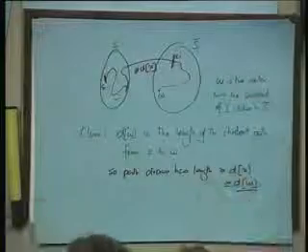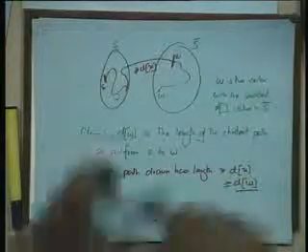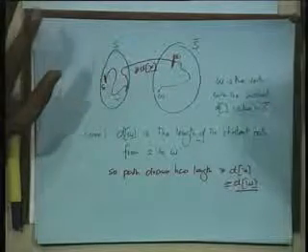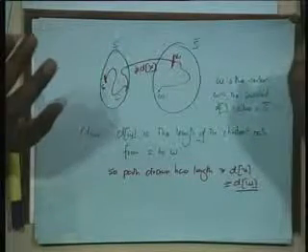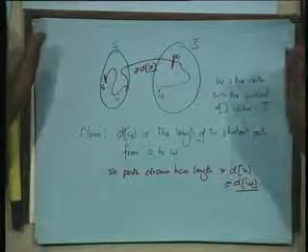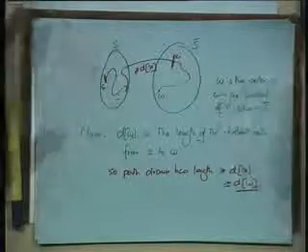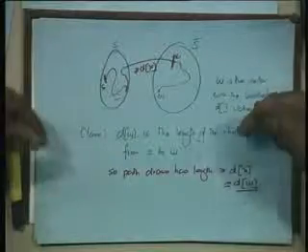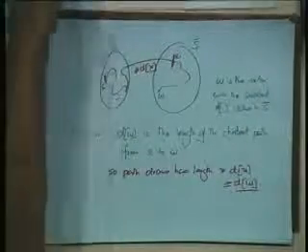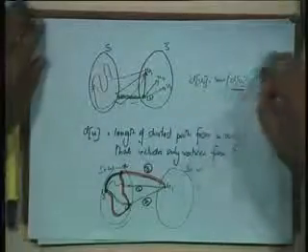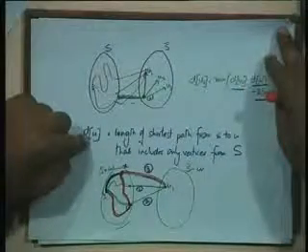Now, this entire thing, so okay, now let us recap the argument. We said we would do an induction on, what are we trying to prove? Sorry, let us back up. This claim we have done, this claim is okay, but before this we were proving this: length of shortest path from S to u that includes only vertices from S equals d of u.